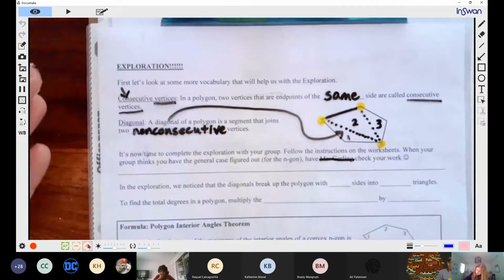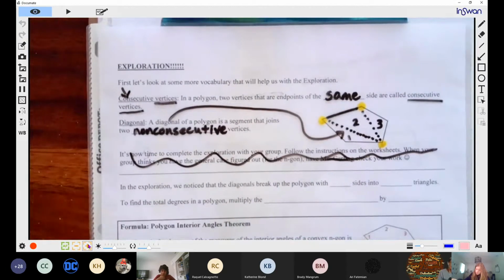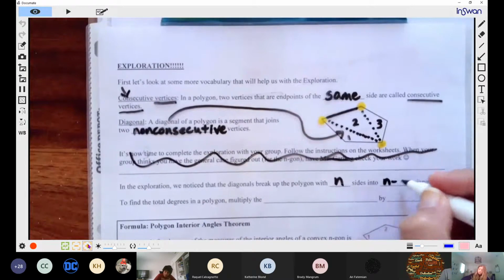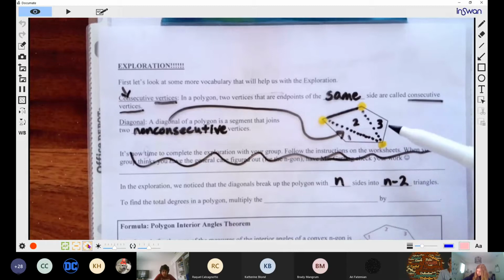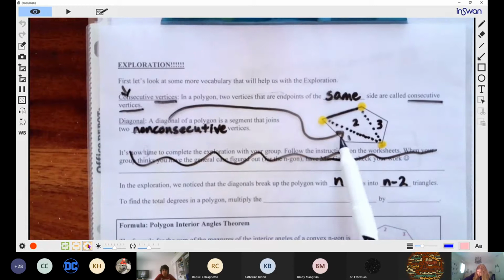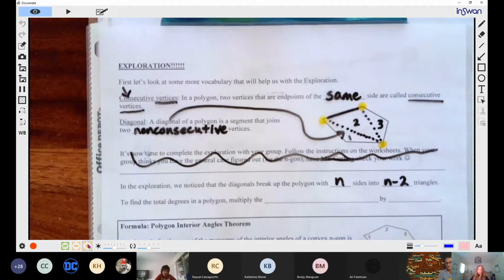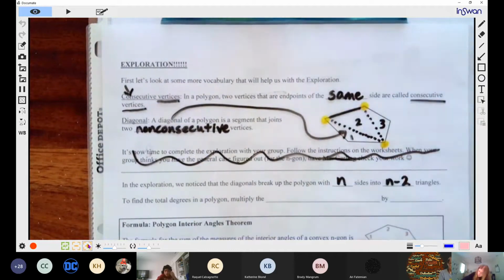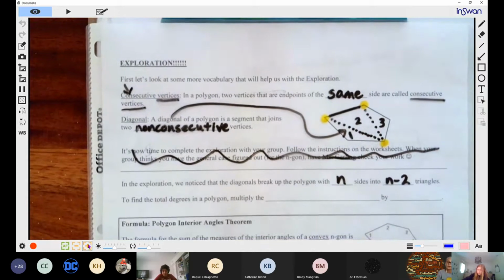So what you would notice through this exploration that we're not doing is that if a polygon has n sides, then it has n minus 2 triangles. This has 5 sides, so it has 3 triangles. Because if you think about it, this side here and this side here is taken out to make those. And then you have 1, 2, 3, right? 3 sides, which is 2 less. It makes 3 triangles.